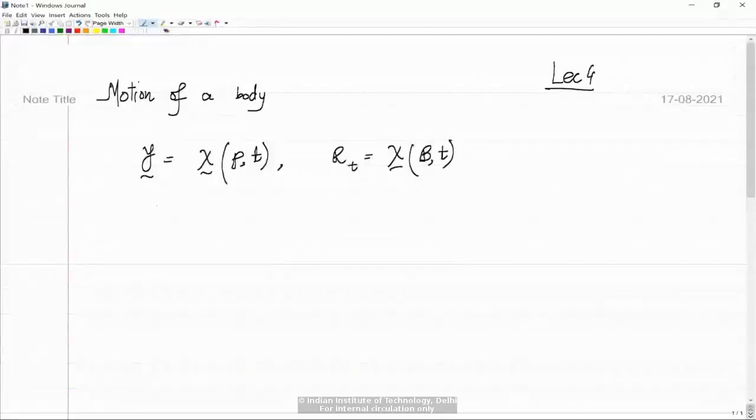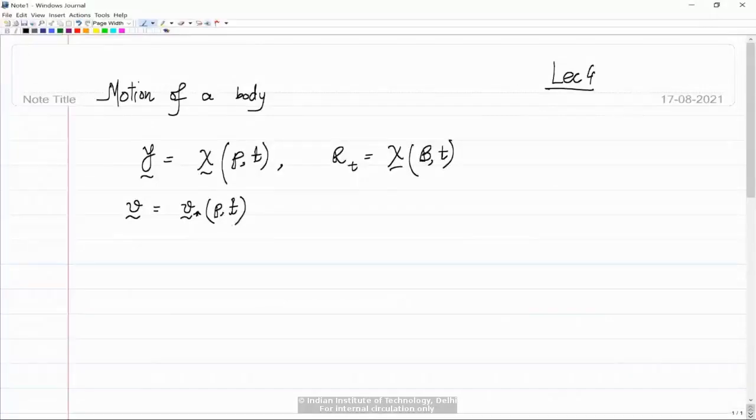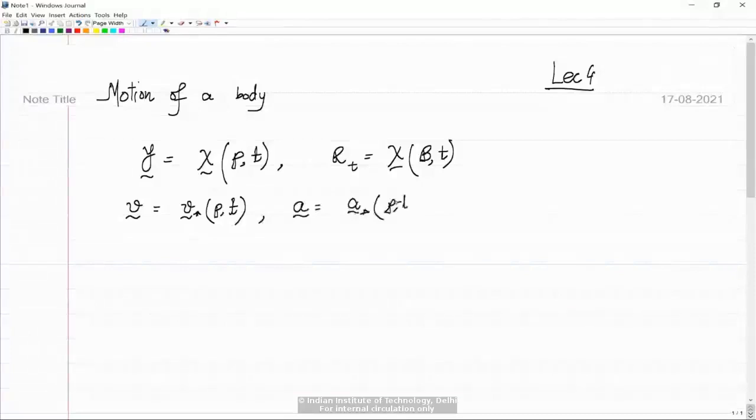Okay, and then we introduced how to write down velocity and acceleration, and we said that the velocity v is some v star, which is a function of the particle p and time t. Okay, and likewise the acceleration a is some a star, which is a function of the particle p and time t.